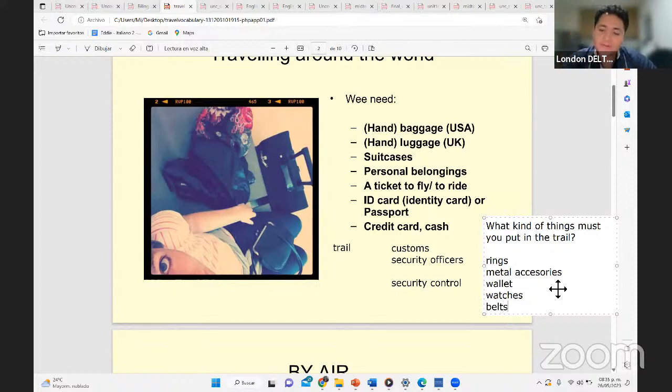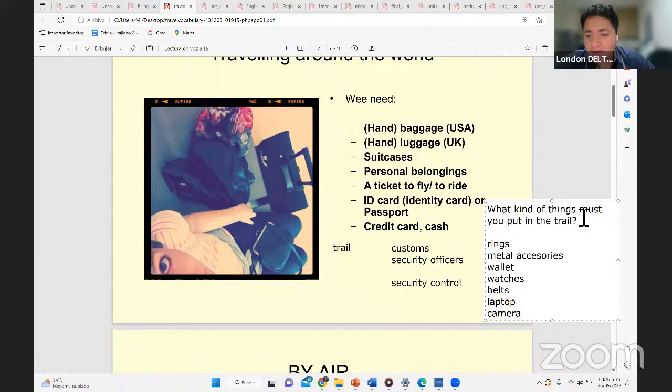Belts, cinturones, y en una charola separada se pone el, a laptop, por ejemplo, o a camera. Una cámara, van en charolas separadas, right? Okay. Let's see. So, como pueden ver aquí estoy utilizando must, porque esto es algo que debes hacer, sí o sí.